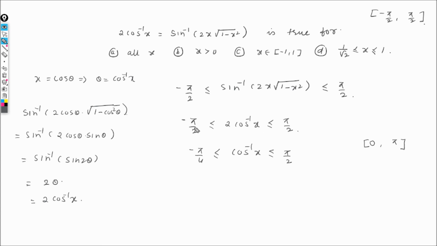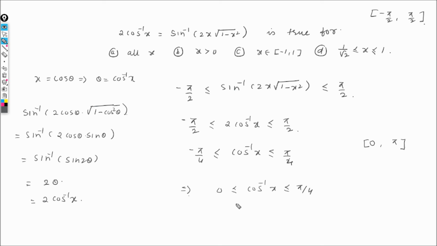So this implies that it will lie from 0 is less than or equal to cos inverse of x less than or equal to pi by 4.